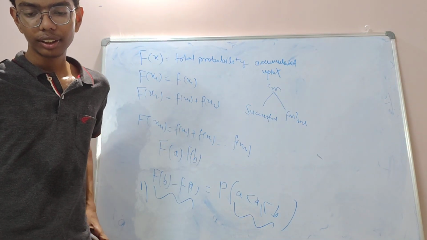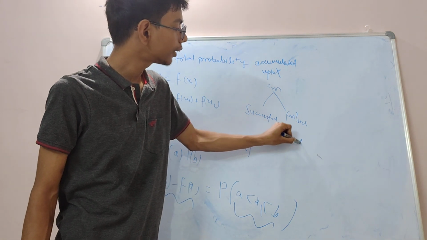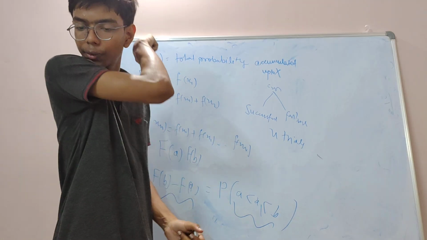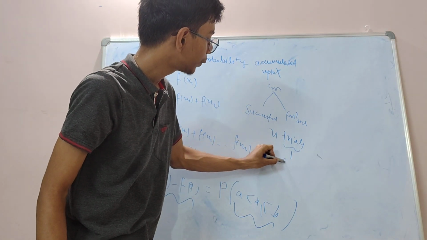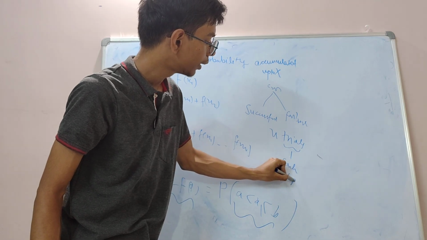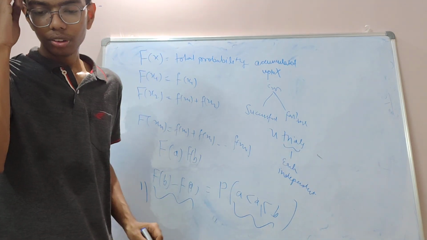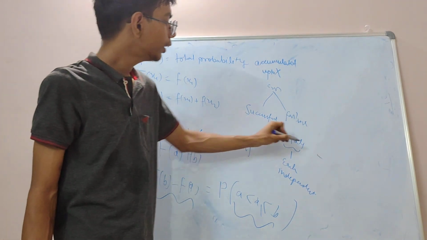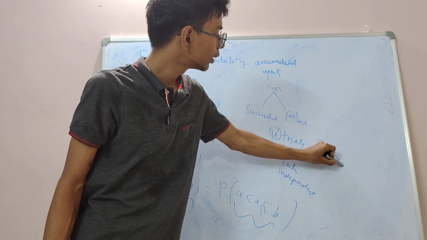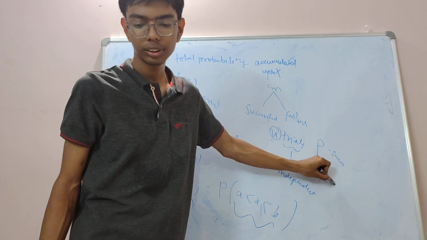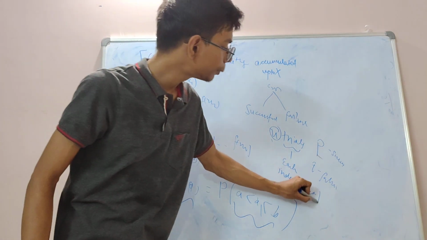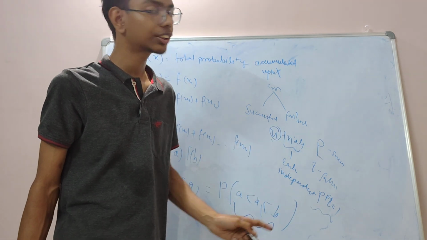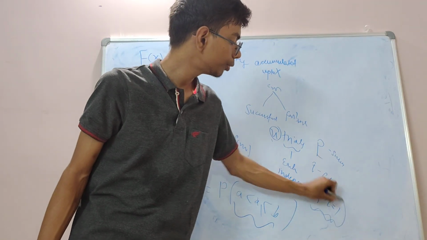There are n trials, n times I perform my experiment, and each time I either succeed or fail, and each trial is independent. n is the number of trials, P is the probability of success and Q is the probability of failure, and P plus Q will always be 1.